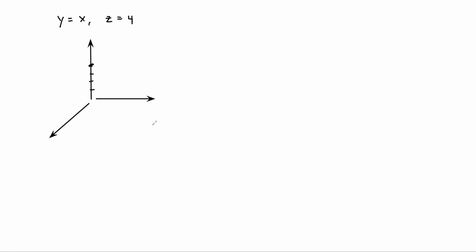So here's our location. Now what we want to do is draw the line y equals x. You'll recall earlier, if you want it to help you out, you can sketch it down here on the xy plane. Earlier, we drew the line y equals x. So you just want to take this shape and now draw it at z equals 4. And there's your answer. So it's the line y equals x located at z equals 4.